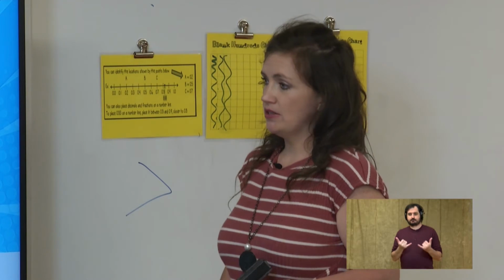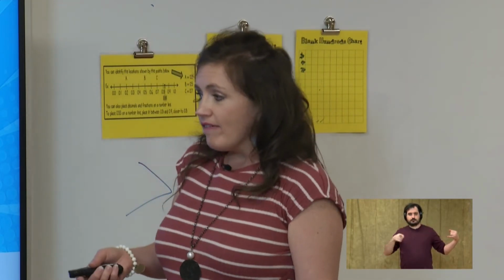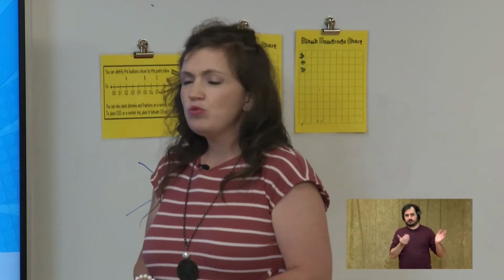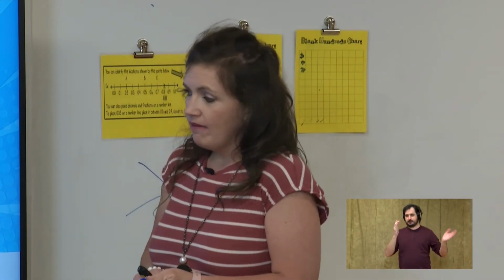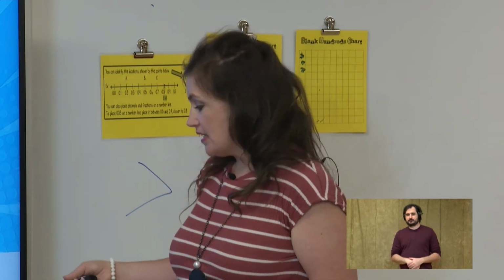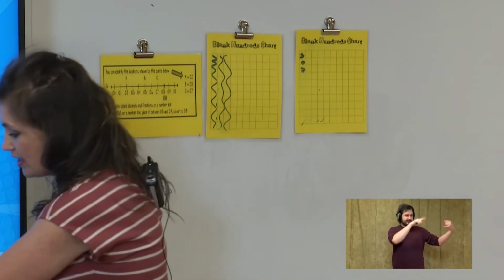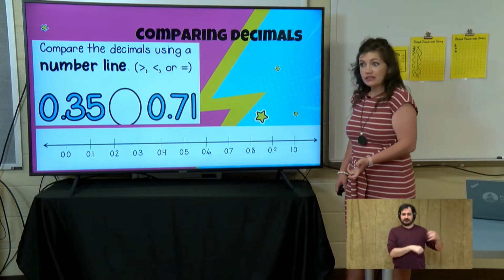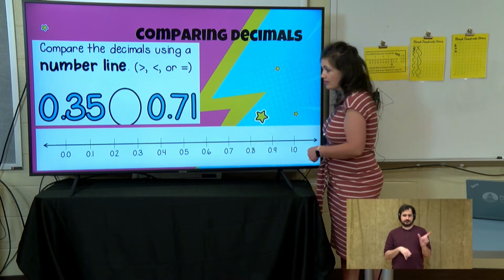All right, now let's look at our number line for this one. We're going to be comparing 35 hundredths to 71 hundredths. So if I look at my number line, this number line is divided into tenths. And I want you to think about each tenth being separated into 10, and that's going to be our hundredths.